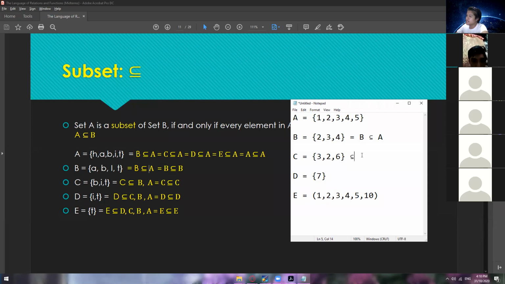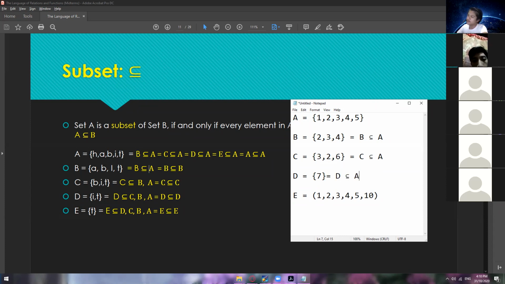How about C? Is C a subset of set A? No, because there is a 6. We have 3 and 2 here, but we cannot find the 6. How about D?